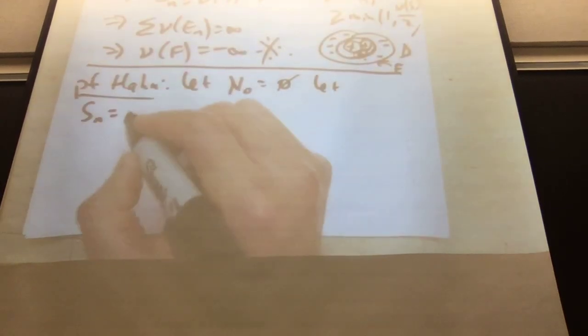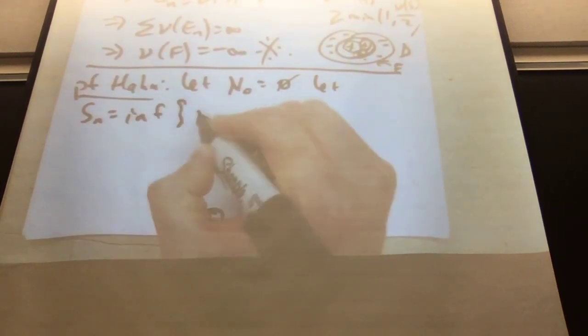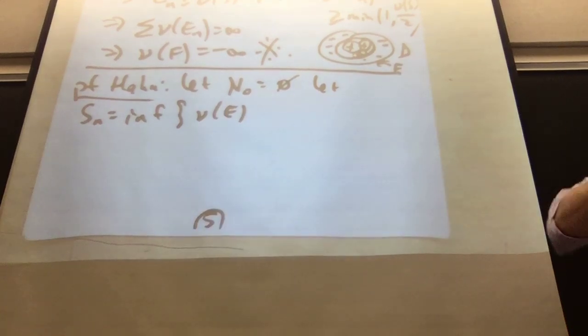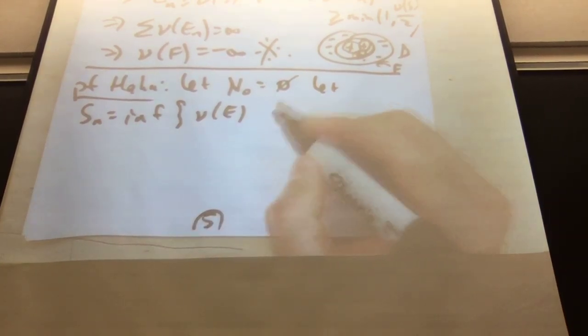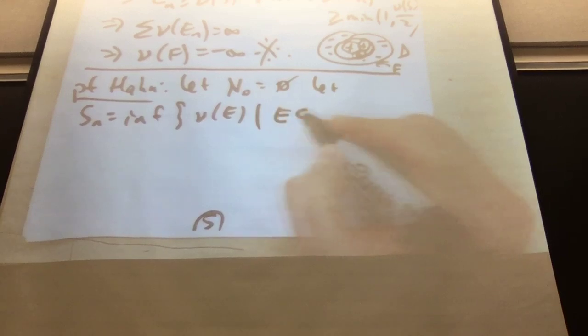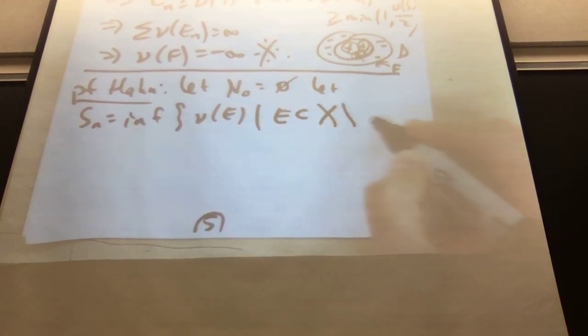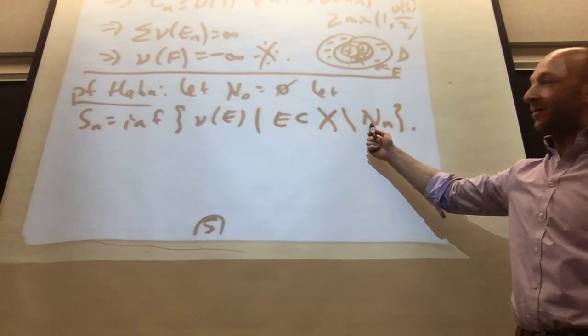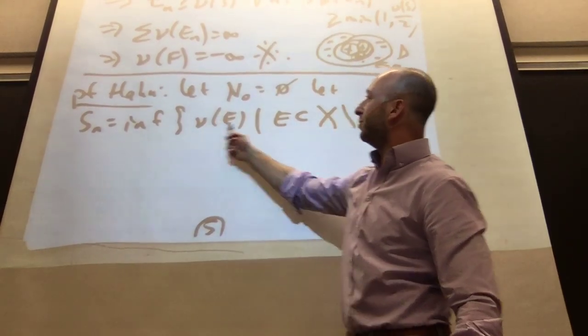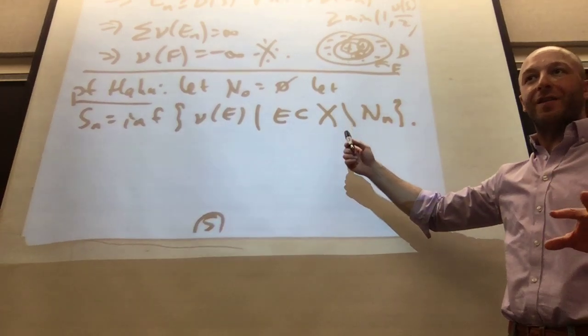Let Sn be the infimum, we're sort of doing the same thing but in reverse, the infimum over all the sets in X take away the nth negative set. So first we take away nothing. We look at the smallest value nu takes. Remember, nu doesn't take the value negative infinity.